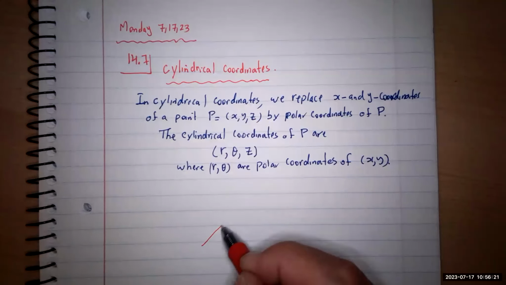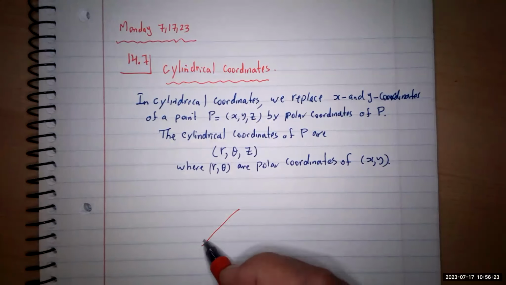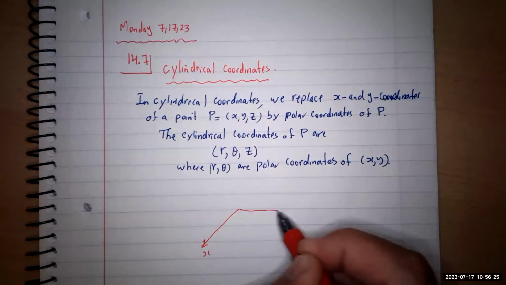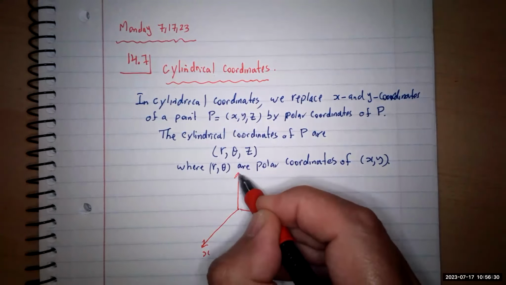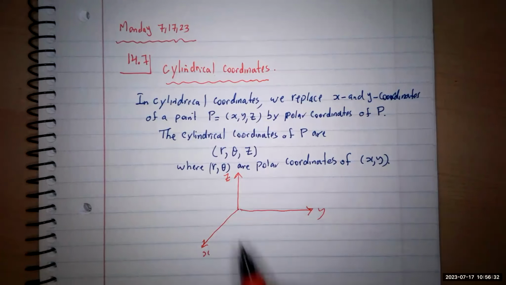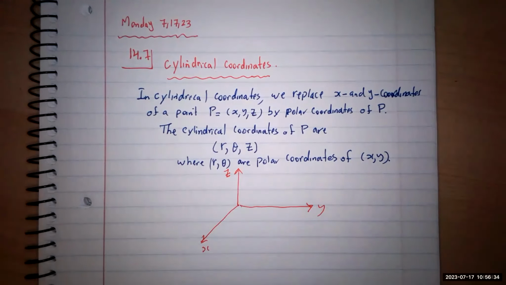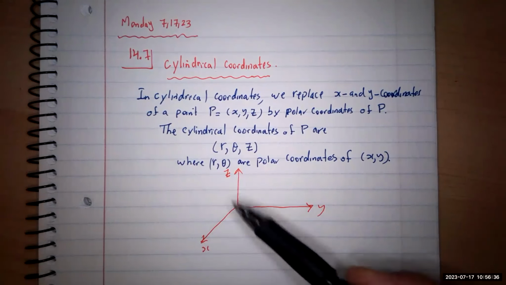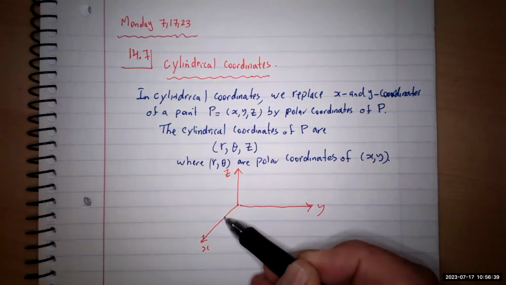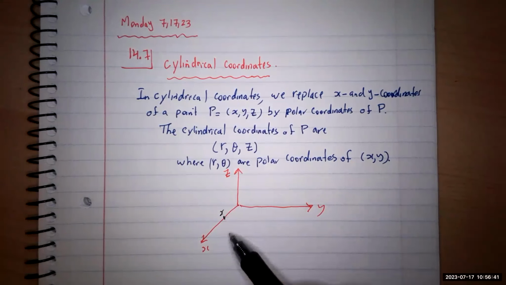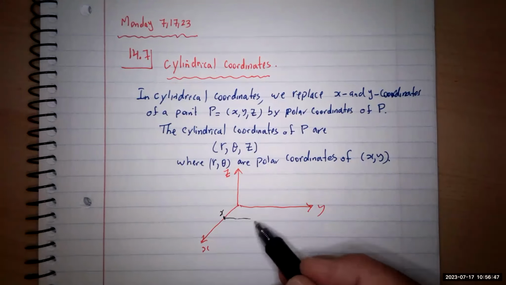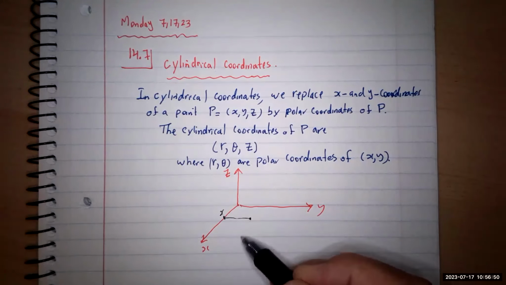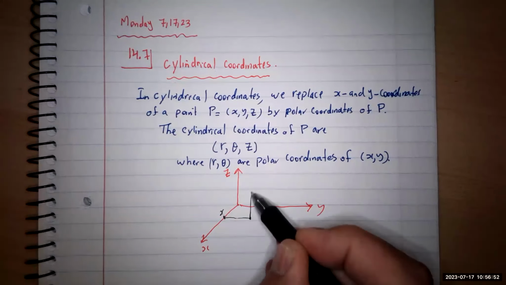So this is what will happen if you consider x, y, z. Consider this one, for example, to be your x, y, z coordinates. Remember, you start with your point, which is going to be x and y. This is going to be your x, you get to your y here, and then z up.